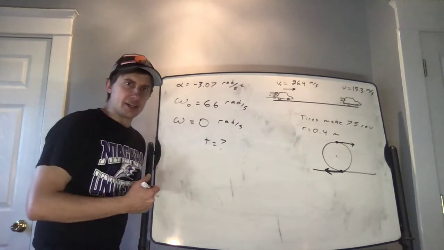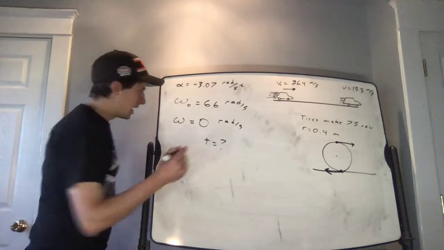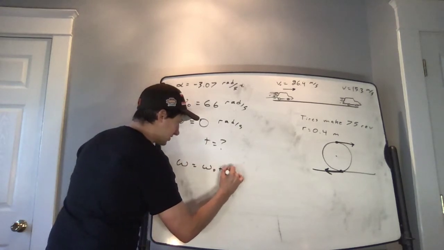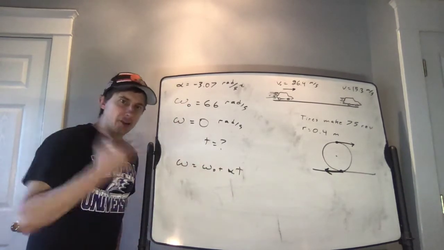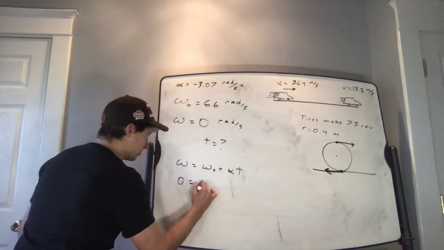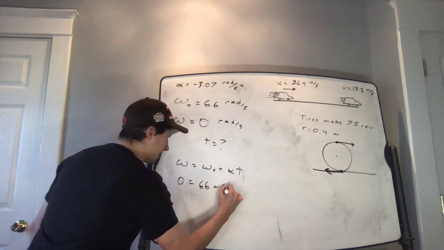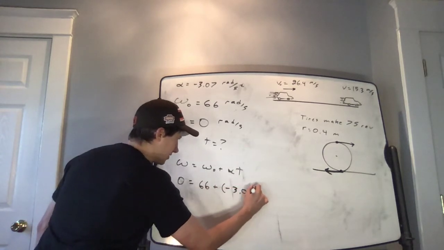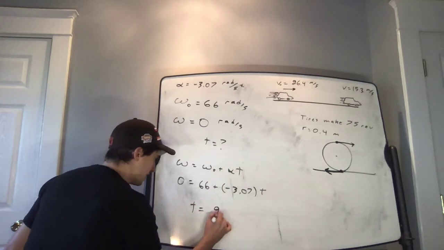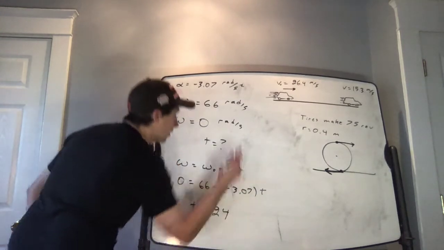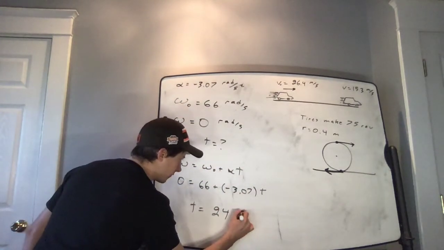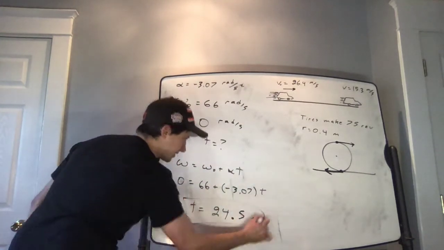I look at the equations for rotational motion, and I have omega final equals omega initial plus alpha t. So I plug these numbers in: omega final is 0, omega initial is 66, plus negative 3.07 times t. When I put this in a calculator, I find the time to come to a complete stop is 24.5 seconds.